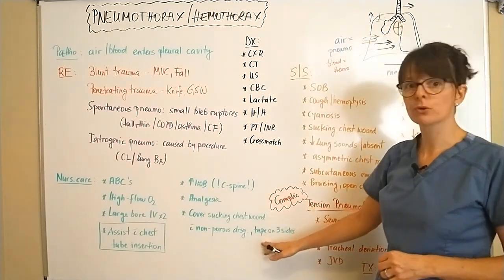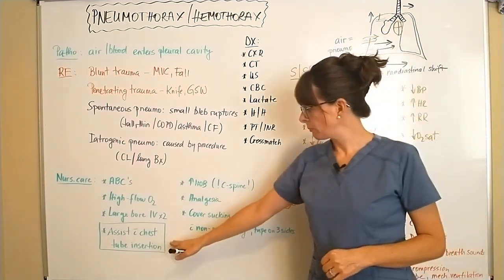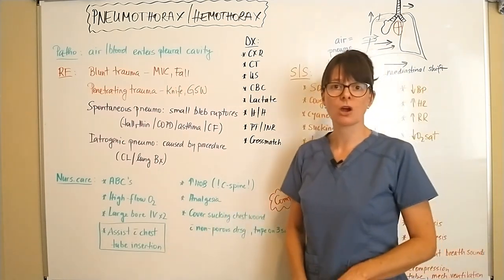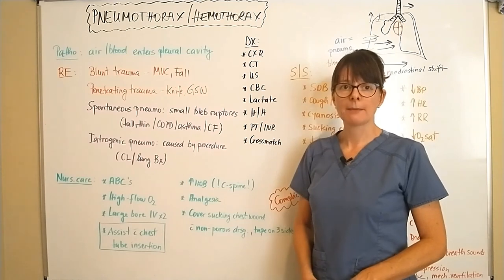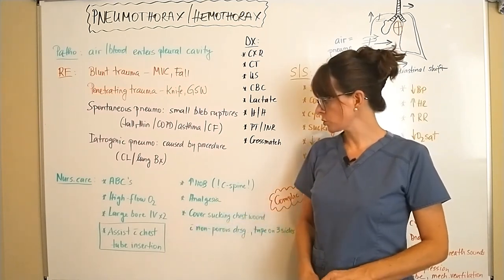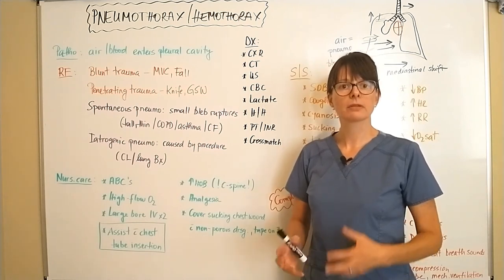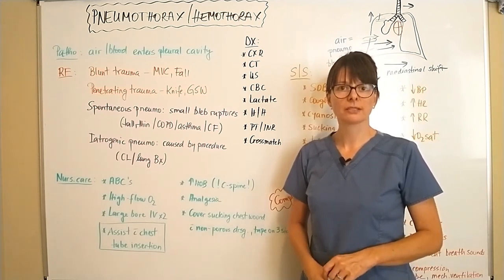And this is just a temporary solution until the more definitive treatment can be accomplished, which is the insertion of a chest tube. Chest drainage systems and chest tube management are very special procedures, and it takes a little bit of skill and understanding to understand chest tubes.